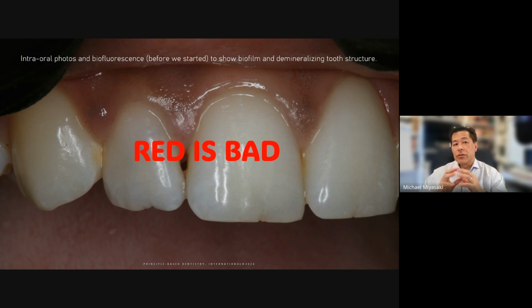So next thing we do, and we've talked about this in other sessions, is an intraoral photo with a radiograph doesn't really tell the picture to the patient. Maybe it does to us, but not to the patient. So now we have to tell this mother that, okay, we're going to use this camera, and if you see red, red is bad.